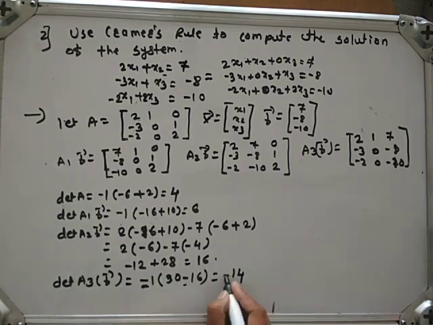So the determinant of A3 into B bar is equal to minus 14.